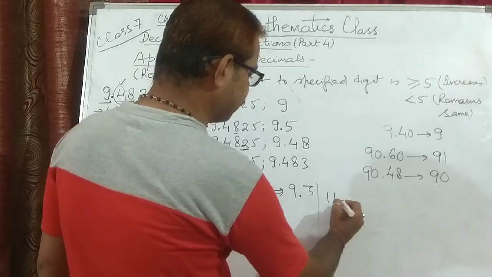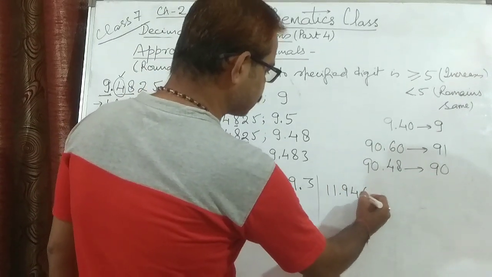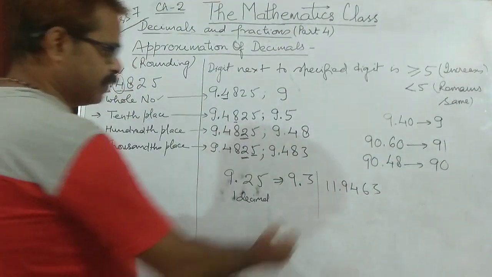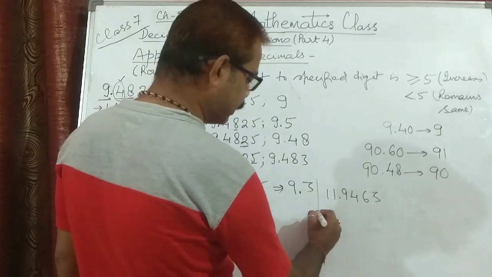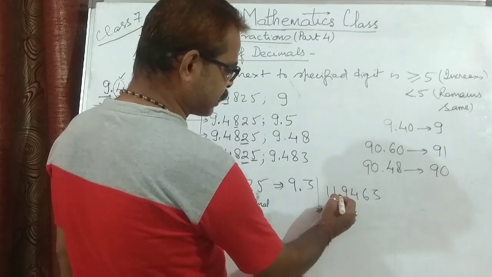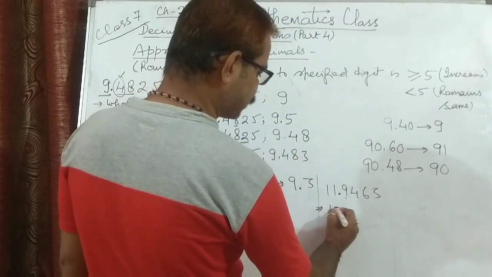Similarly, let's take 11.9463. Now 11, if you talk about whole number, that will be 11.9. We will concentrate on the next number after the decimal. This is 9 and this is more than 5. So it will become 12.